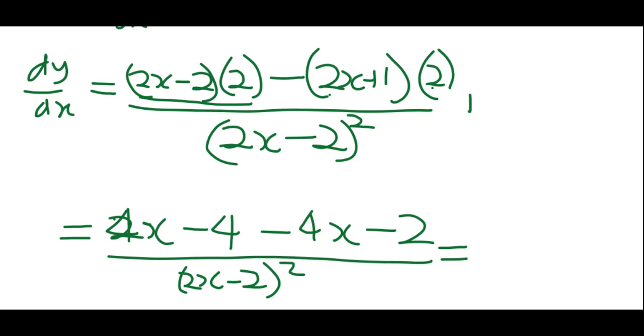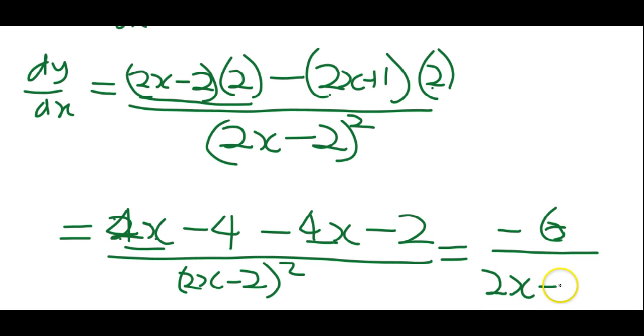Now, 4x minus 4x here will be 0, leaving us with negative 6 for the numerator, all divided by 2x minus 2 all squared. So this will be the final answer.